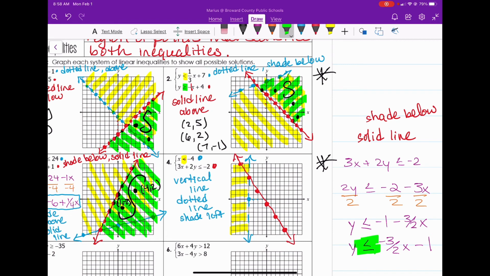And now we have to shade below. So anywhere where the two shaded regions overlap, which is right here, is where our solutions would be. So any of these points over here could be solutions, okay?